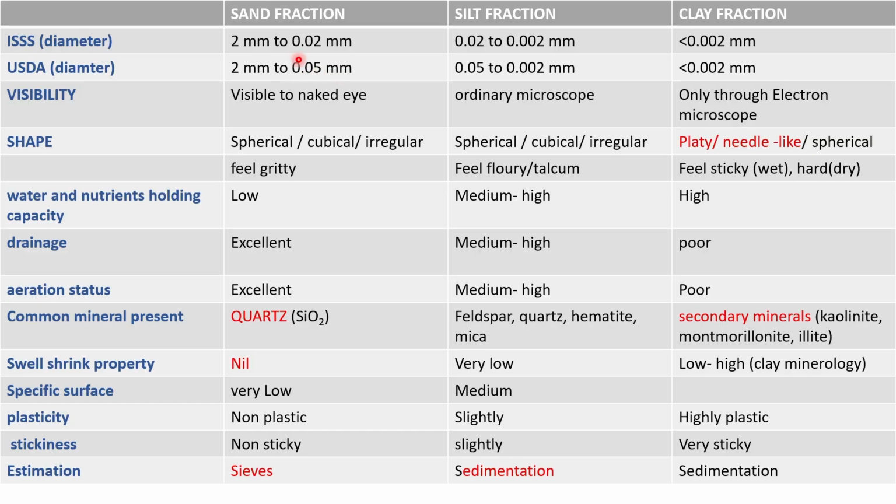The shape of this sand fraction is spherical, cubical, or irregular. Did you observe that? If you haven't, next time you visit a beach, you have to observe it. We are studying soils and we are soil scientists, so we have to observe such things. After the wave of water comes, you can see it will dry very quickly.